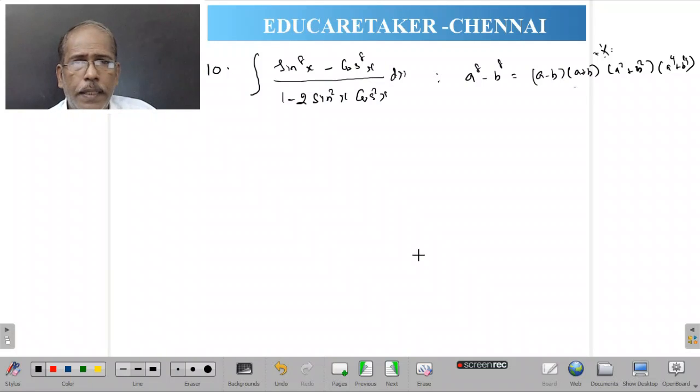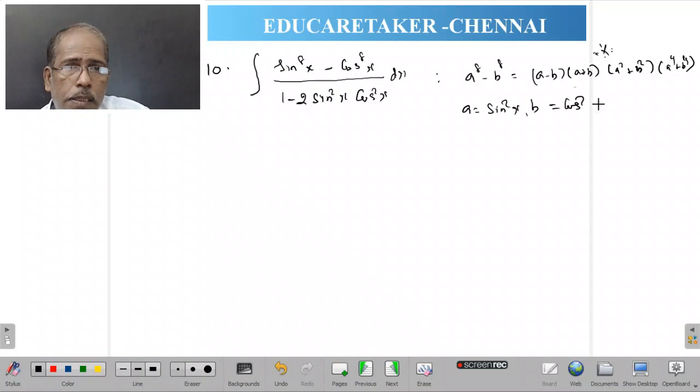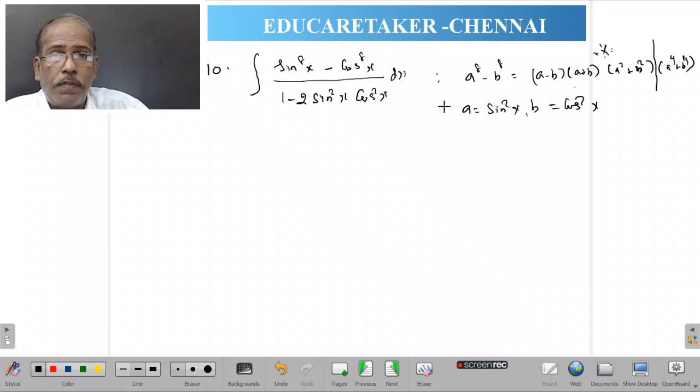If we take a as sin square x instead of sin x, and b as cos square x, the fourth factor is not required. So sine square x minus cos square x, sine square x plus cos square x, sine power 4 x plus cos power 4 x. So this is the way to solution.